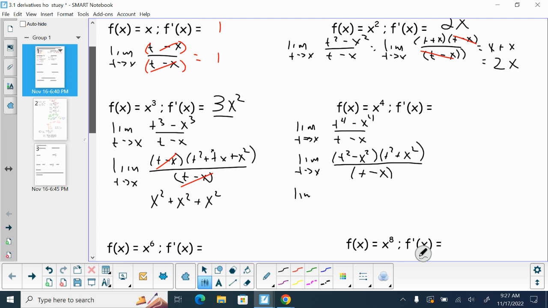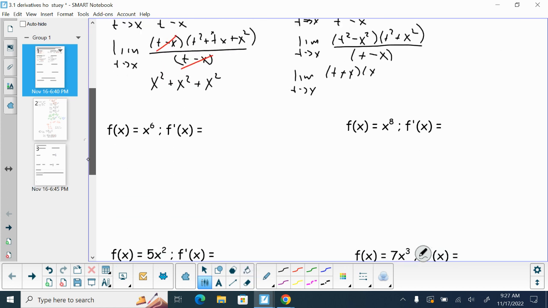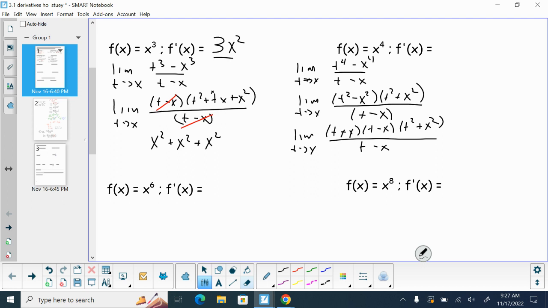So we have the limit as t is approaching x of t plus x, t minus x, and then t squared plus x squared over t minus x.